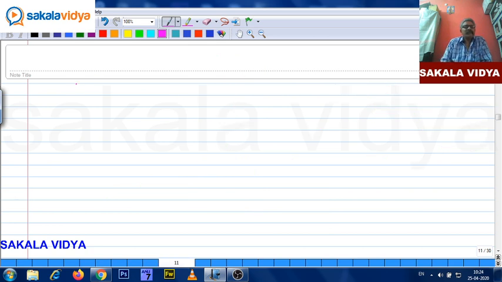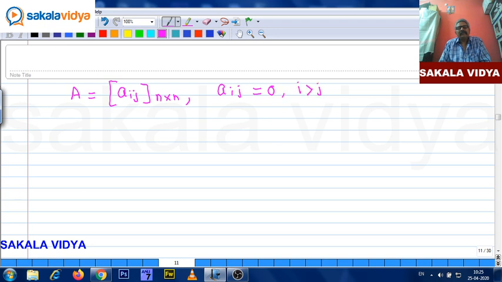Okay. Next, for example, A is equal to Aij, n by n. Aij equals 0 when i greater than j, then it is called an upper triangular matrix.